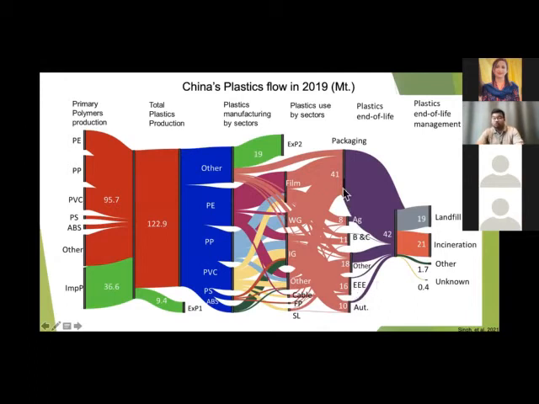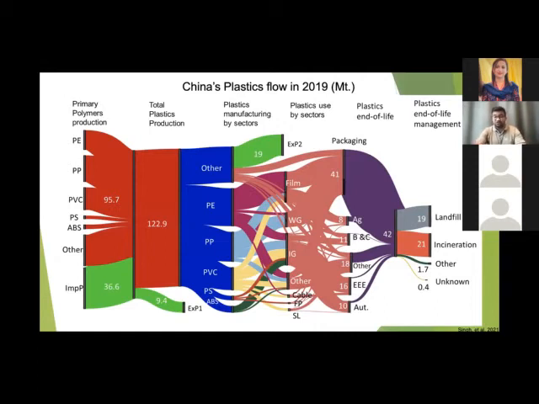So more than 41% of plastic goes to packaging in China, and within 1 year, almost 70% of that packaging plastic goes to the end of life. That's the big concern. The plastic that goes to building and construction, electronics, and automobile is not a big concern because the lifespan of those products is 10 years, 20 years, or 40 years.